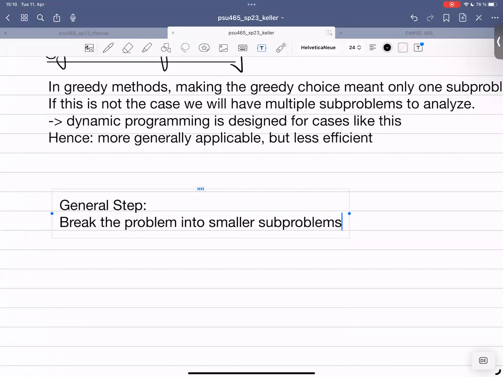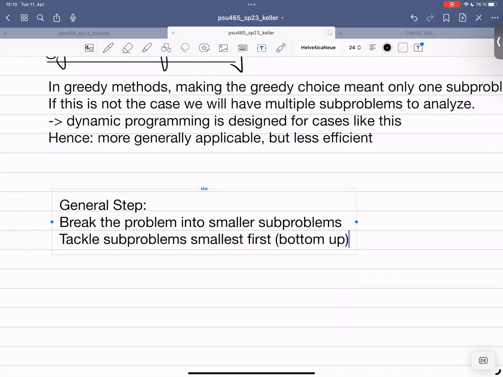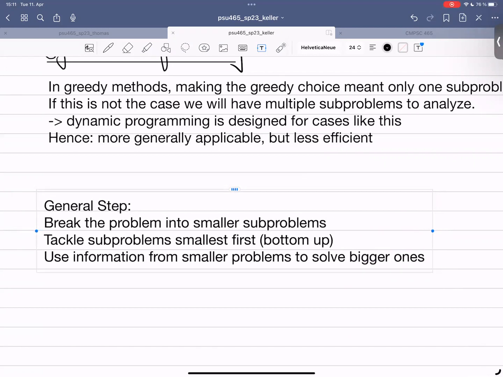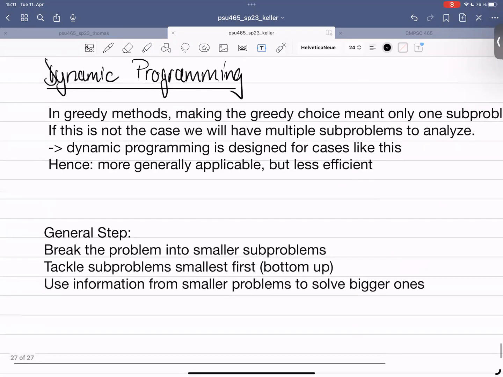And then we tackle these subproblems first, starting with the smallest problem. This is what's generally called bottom up. And then we use the information that we gain from these smaller subproblems to solve larger subproblems. Okay, so that's the general high-level idea of dynamic programming.